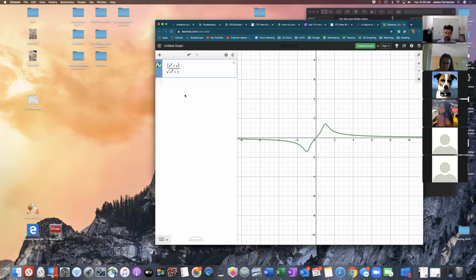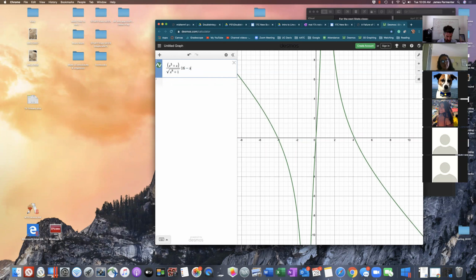So if we look back at our other example, the one that I don't remember anymore, I totally erased it. Let's just make up numbers. Let's say it was 16 minus x squared.